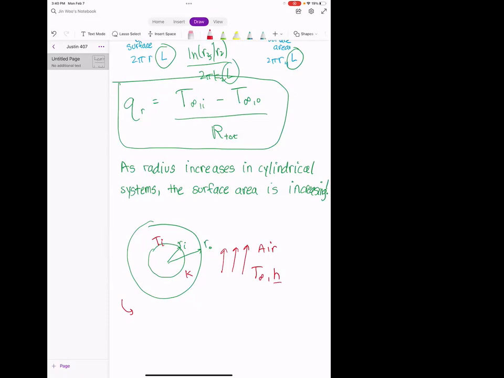Let's say that you're engineering the system. It's very similar to the last example where you have a very hot liquid on the inside and you want to insulate it from the outside. The instinctual thing is, someone tells you, I want to make it more insulated, so you're going to make the insulation thicker.